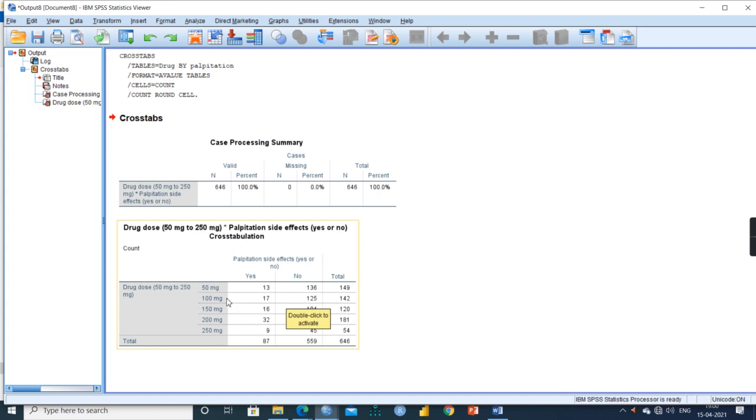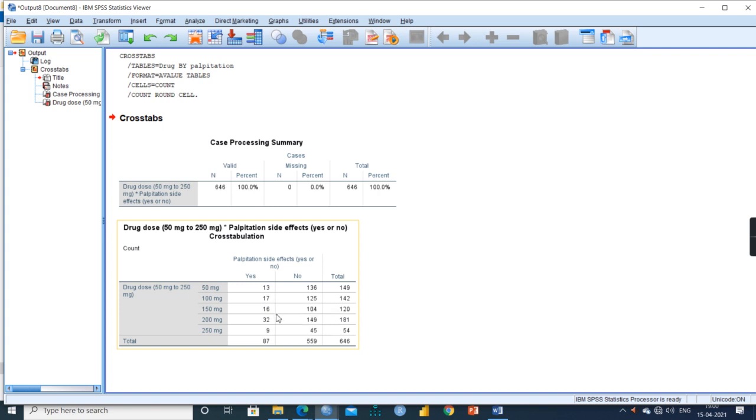According to the patients' behavior, from this cross tabulation we can understand the drug doses starting from 50 mg to 250 mg. For this, the palpitation side effect, where patients answered yes or no, has been cross tabulated. With respect to 50 mg, 13 of them have mentioned yes, they have palpitation.